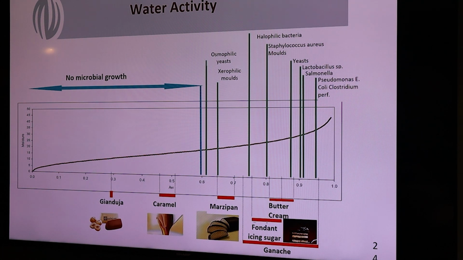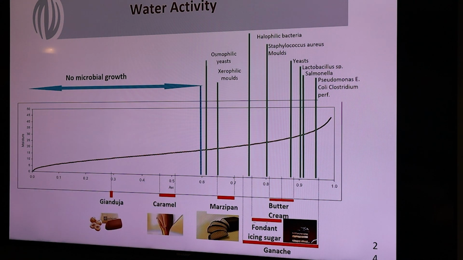So it's quite easy to have long shelf life in caramel bases. Even though you have here the Gianduja, which are fat. Not that we don't have growth in fat, but it's more limited.